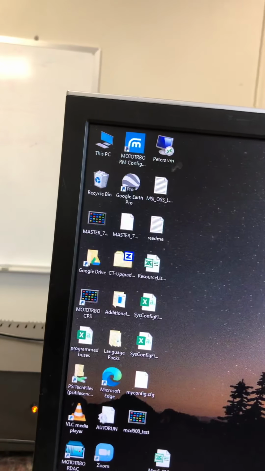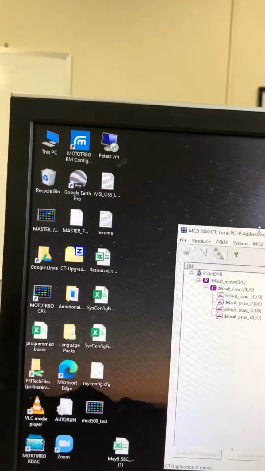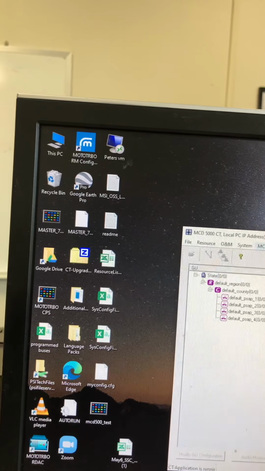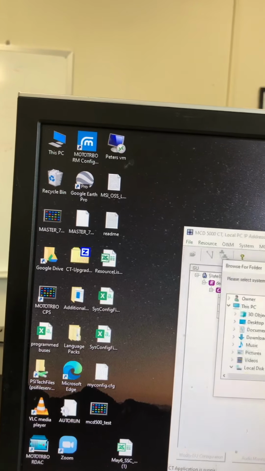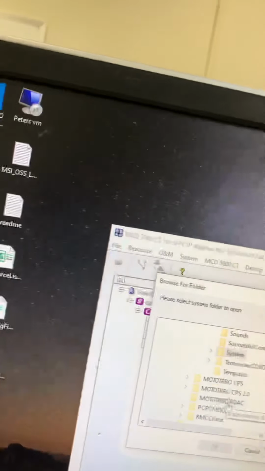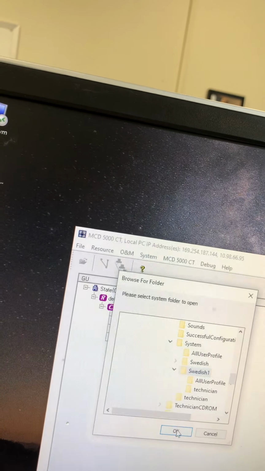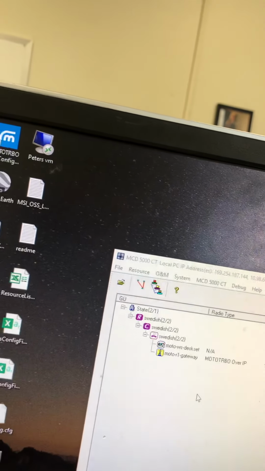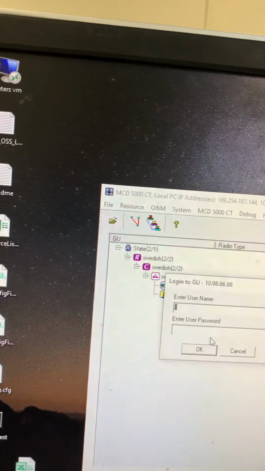And then this MCT thing right here, I have this loaded in this system here, system 1, Swedish 1, so it finds it and starts and all the rest of it. And I have to log in with this tech thing.